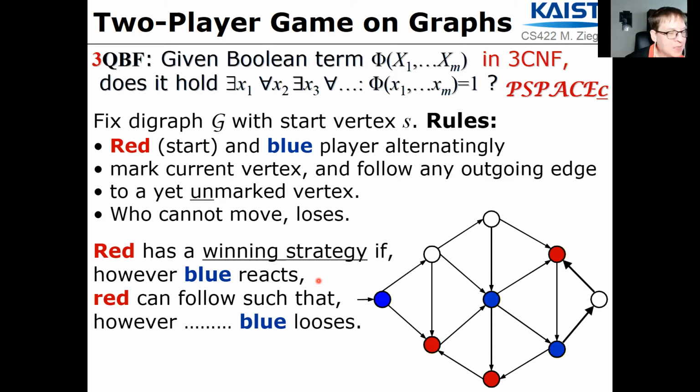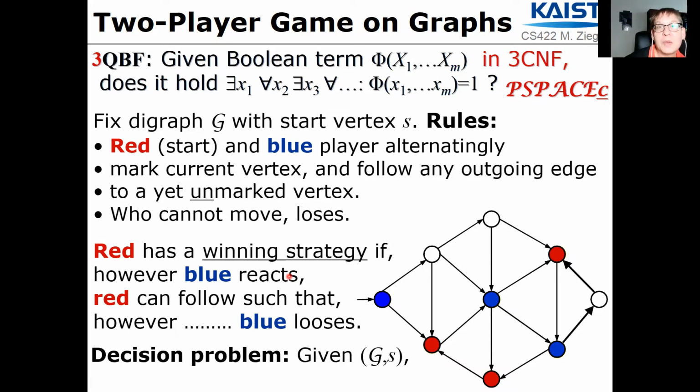So to summarize here, we have a finite game. Precisely one of the two players has a winning strategy for every given graph. And the decision problem associated with the graph is: given the graph and a designated start vertex, is it red who has a winning strategy? After all I've explained, this is a decision problem, a yes-no problem.